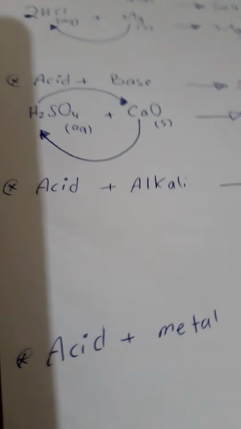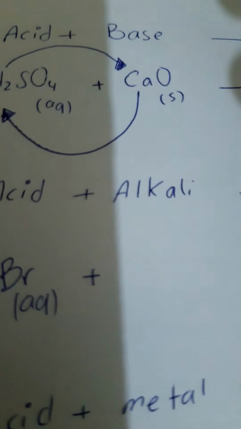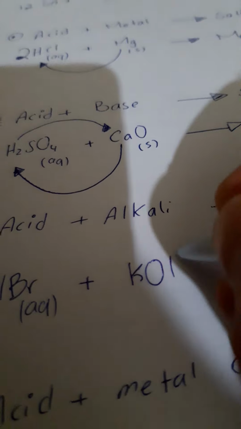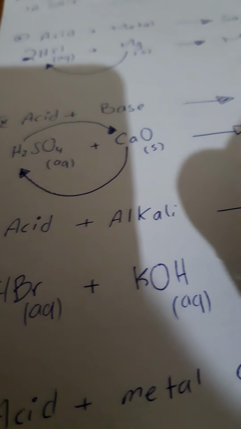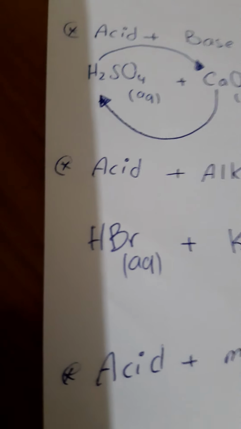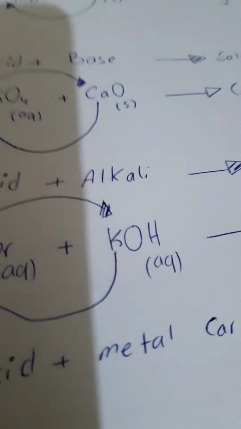But there is a small difference. Let's say we have hydrobromic acid, HBr aqueous solution, with an alkali. Alkali means a soluble base, as we said before. So we have, let's say, KOH, potassium hydroxide, a double displacement reaction. Potassium takes the place of hydrogen, and hydrogen takes the place of potassium.